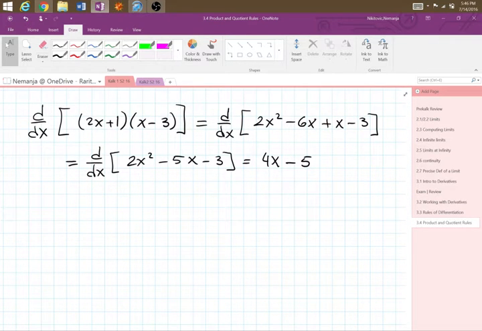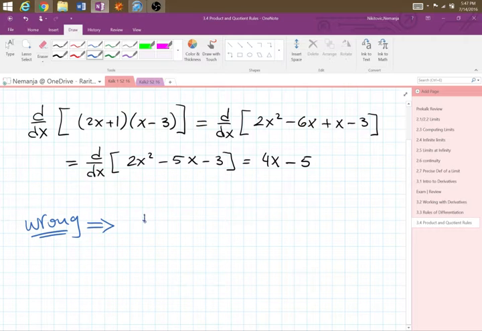If you try, so let's go this way, wrong. This stuff is wrong. If you try to take this term by term and then multiply the results, you will see that you get the wrong answer.